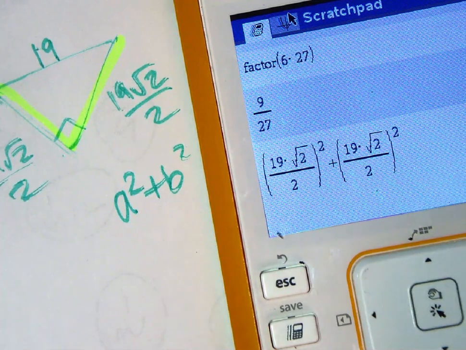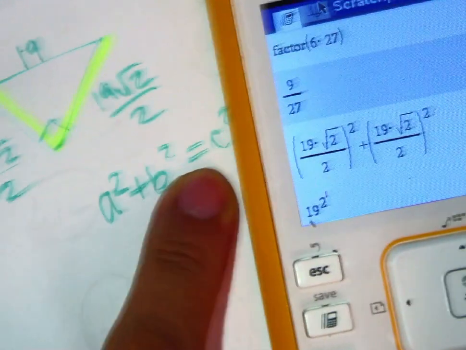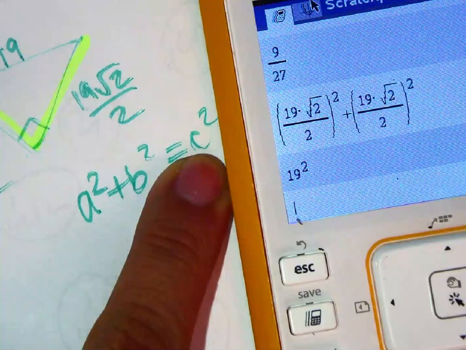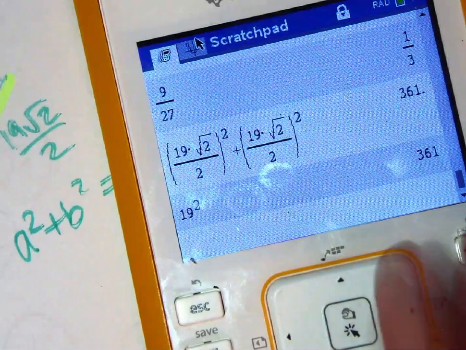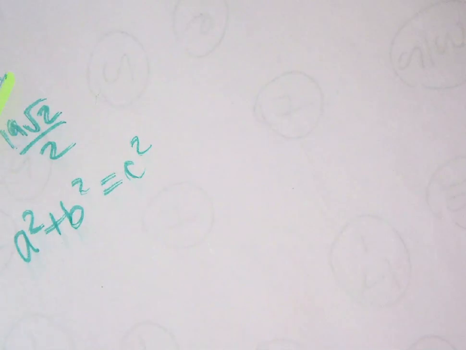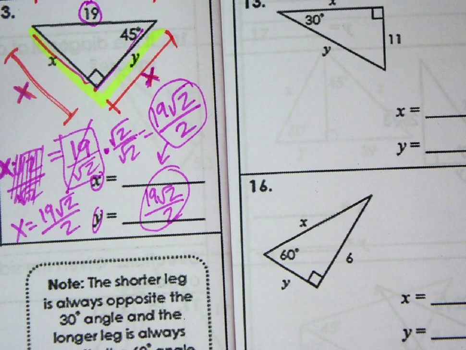So what this equals is 19 squared, because it's equal to c squared. So a squared plus b squared equals c squared, and notice that the answers are the same. So this confirms the Pythagorean theorem is correct in proving that the calculations are correct.